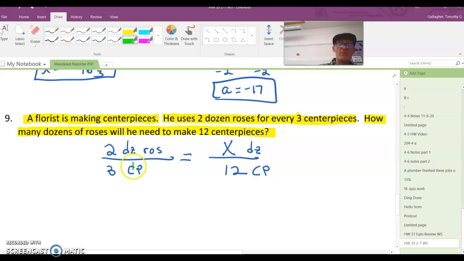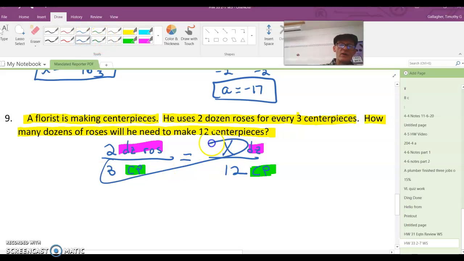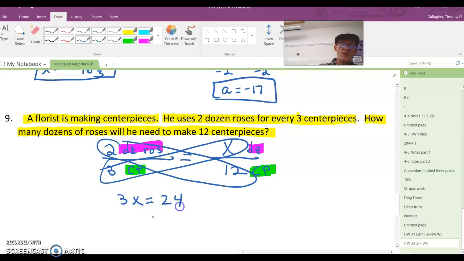So notice we keep the denominator, the ratio of the same item, and the numerator the same item. And that becomes a pretty easy equation to make, and it is 3x is equal to 24, or x equals 8, so 8 dozen roses.